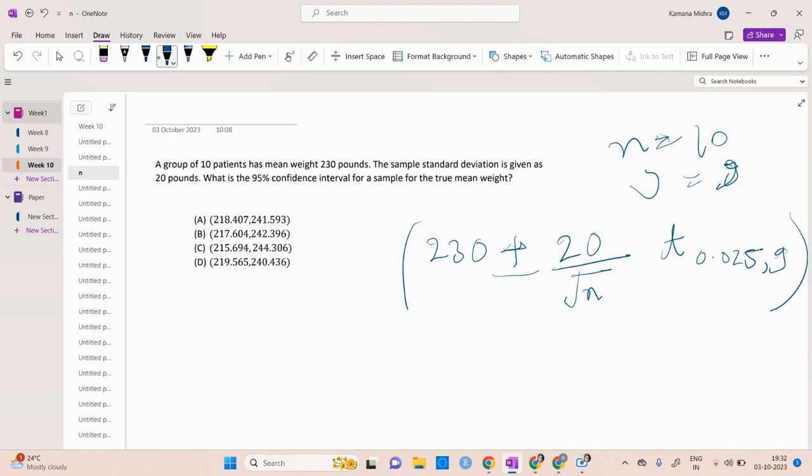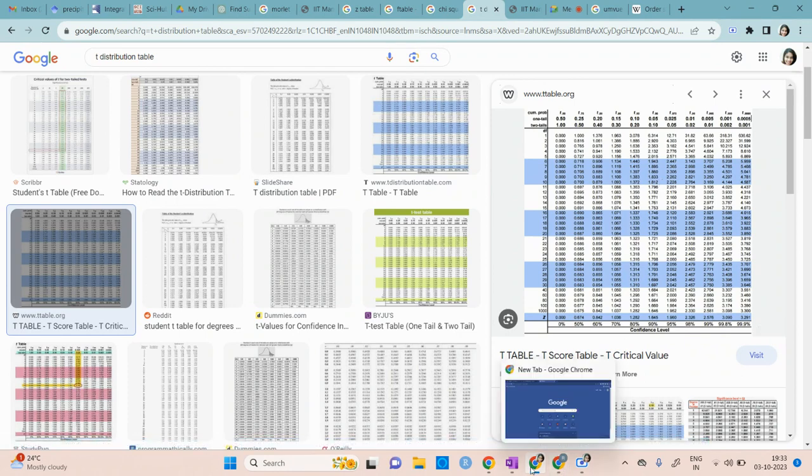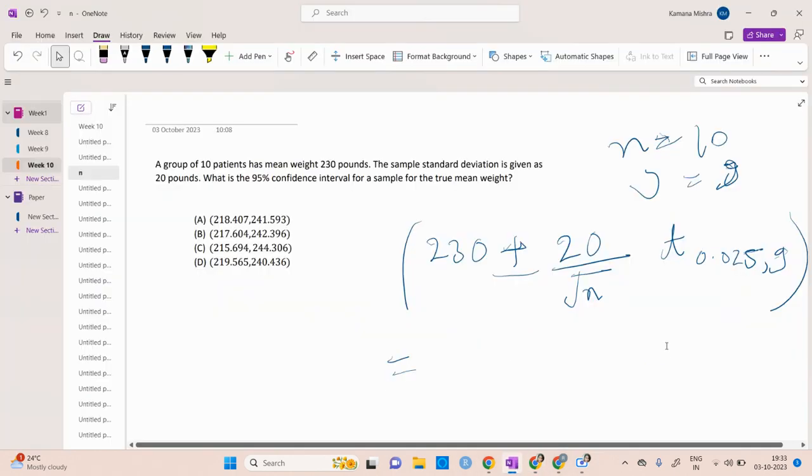So now we need to go to the table, here 9 degrees of freedom, and this is 2.262, right? So that one is 2.262.